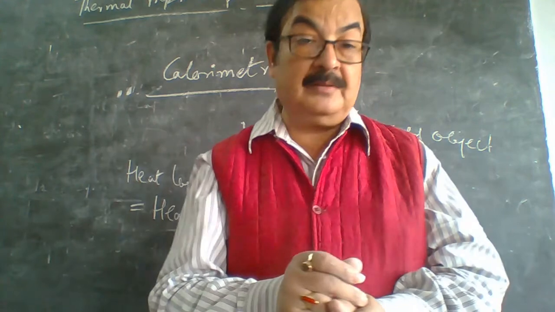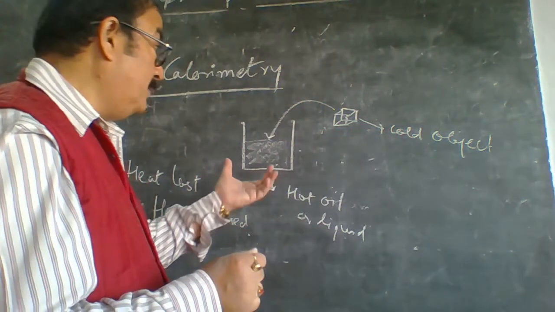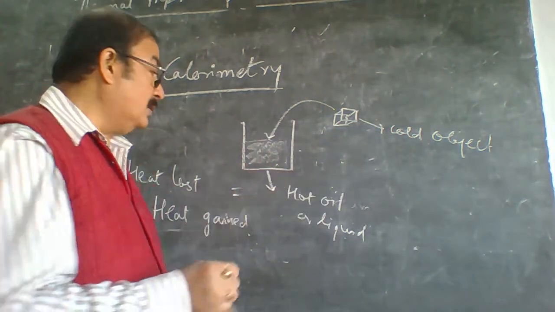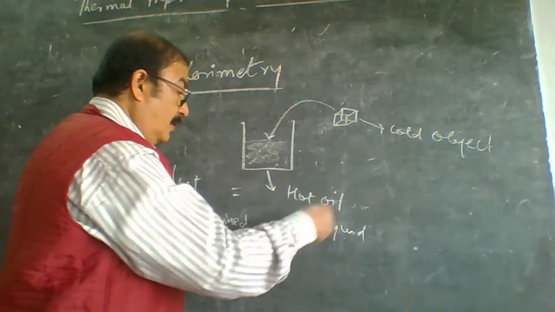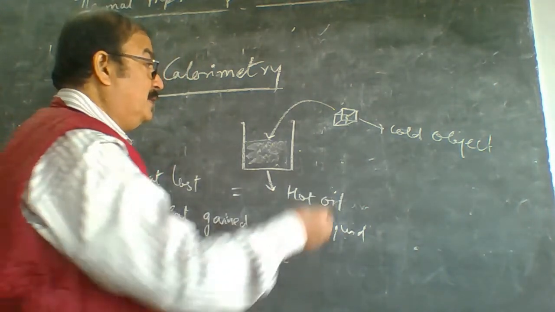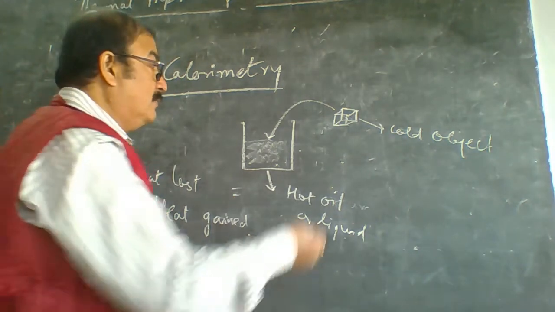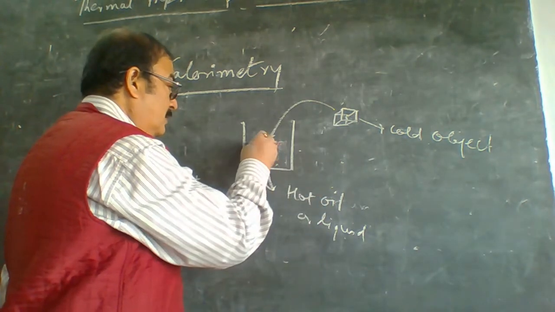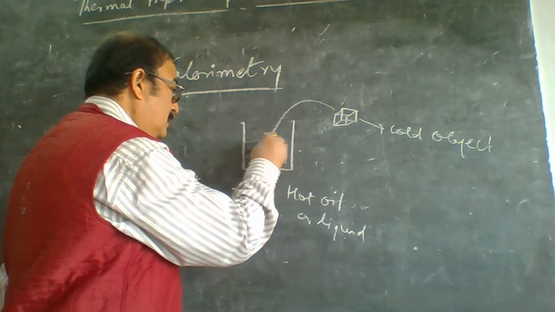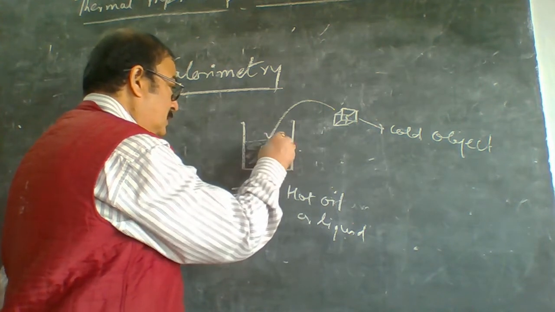Okay, and therefore we have just said that we are having one utensil filled with hot oil or any hot liquid, and we have a cold cubical object. When it is placed inside, then what will happen?